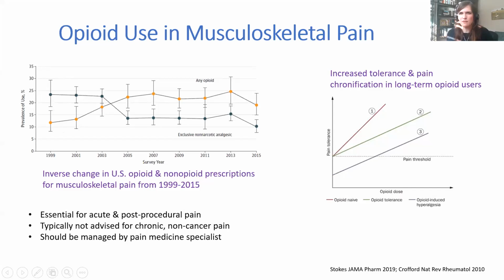And this is a really difficult treatment in bone pain because with use of chronic opioids, we see increased pain tolerance over time, and we also see a speeding up of the pain chronification cycle in long-term users. So it's important to bear in mind that opioids are a really essential part of management for acute and postoperative pain. Typically, they're not advised for chronic use by non-cancer patients.